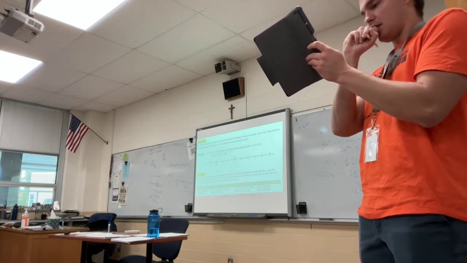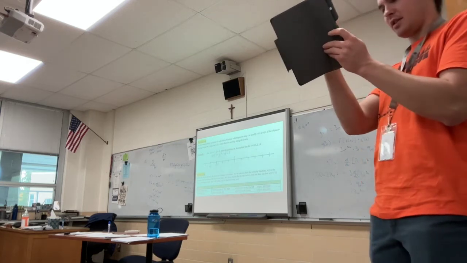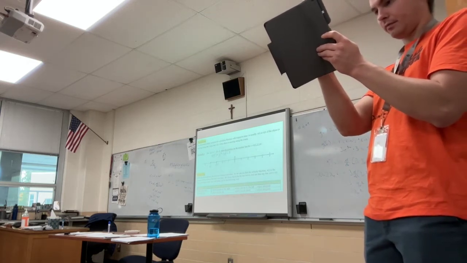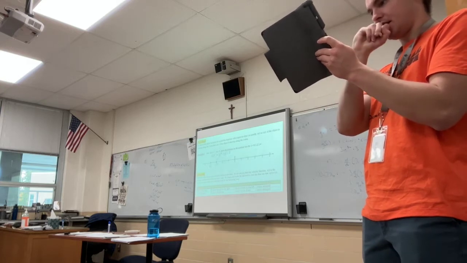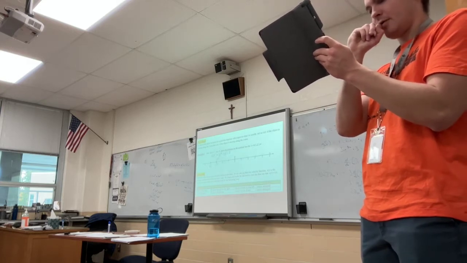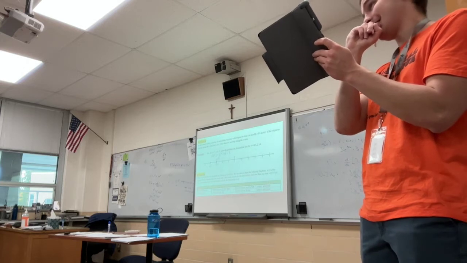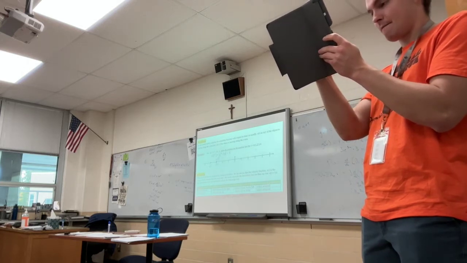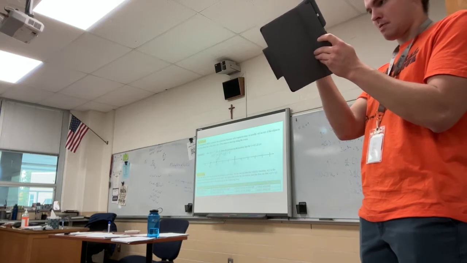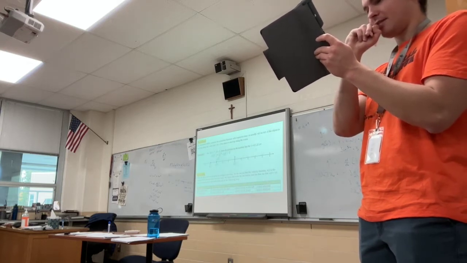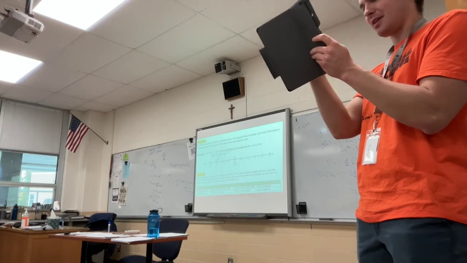When t is 2, it's going to be 4 minus 4 minus 3, so negative 3 again. When t is 3, we have 9 minus 6 minus 3, so that's 0. When t is 4, we have 16 minus 8, which is 8, minus 3, which is 5.